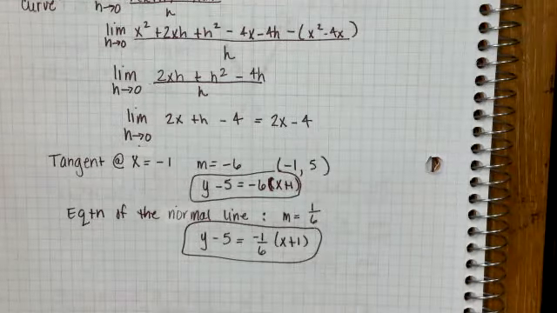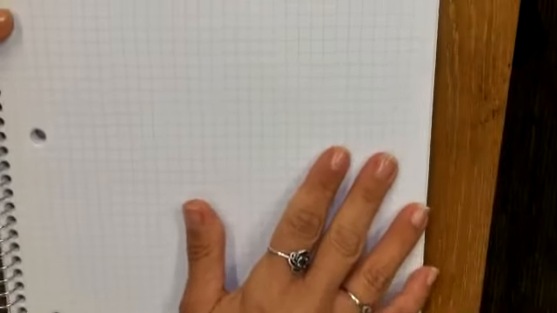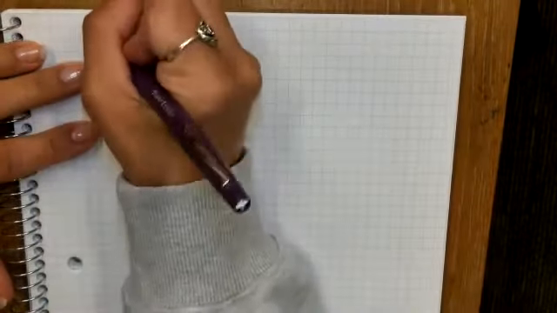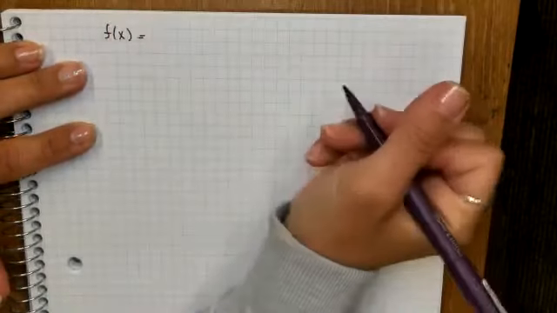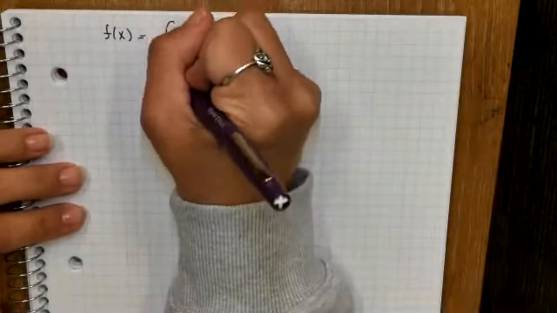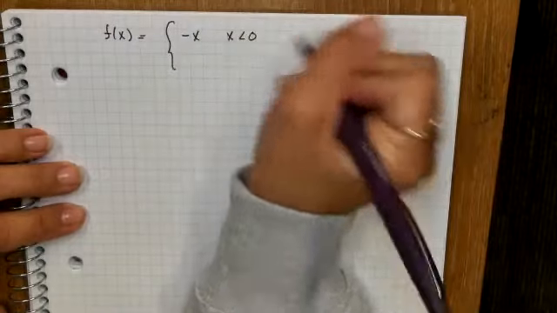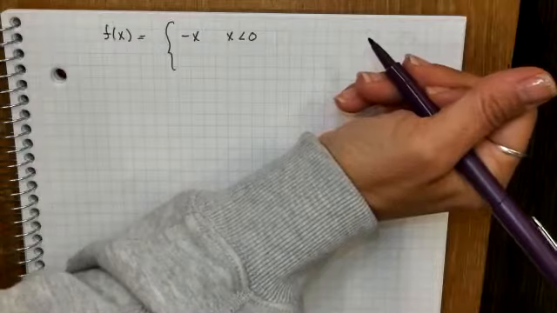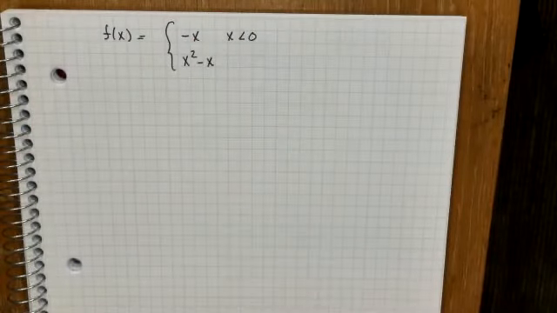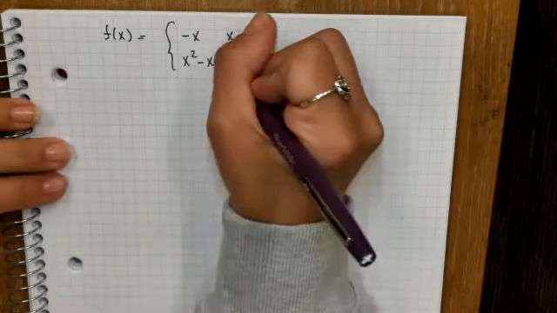Let's take a look at a piecewise graph and find some slopes of tangents, etc. Okay, how about something like f of x is equal to negative x, x less than 0, and x squared minus x, x greater than or equal to 0.